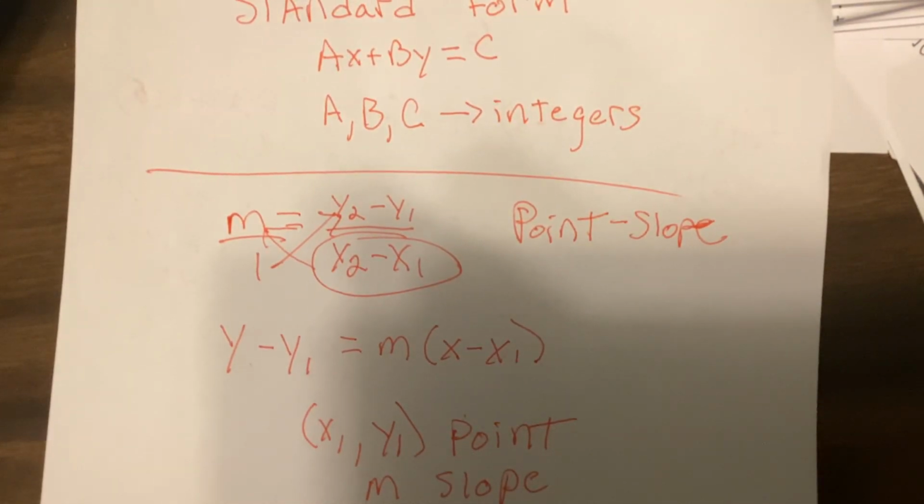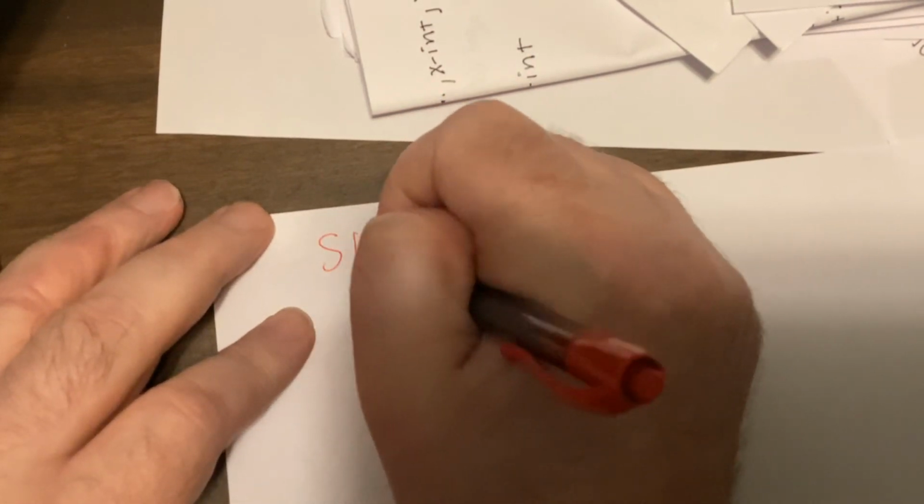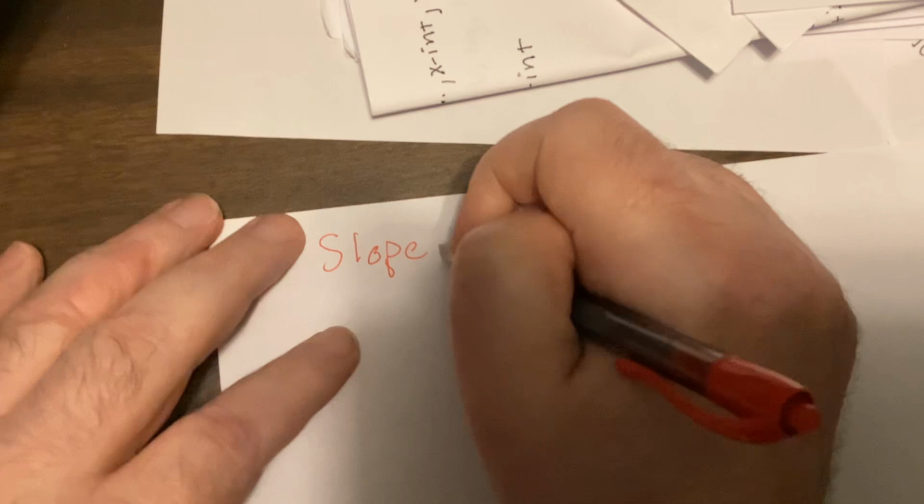So, let me get another piece of paper. Let's focus on slope-intercept in the final form. So, you have to be told how we want the final answer to look.